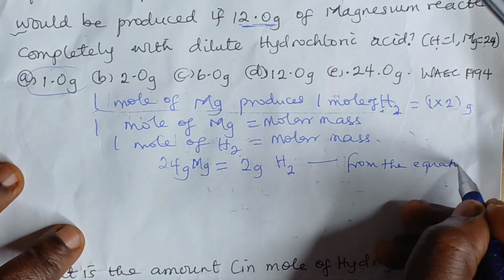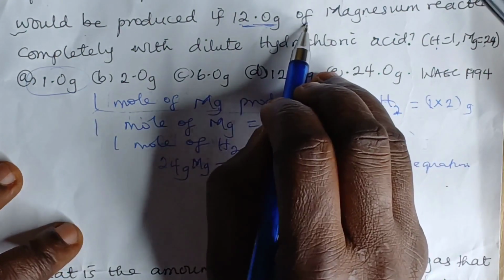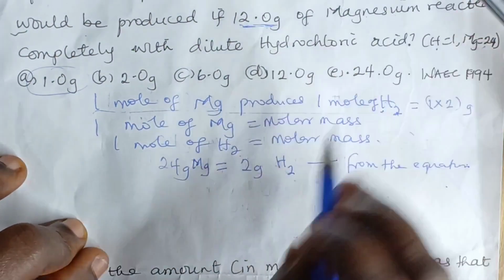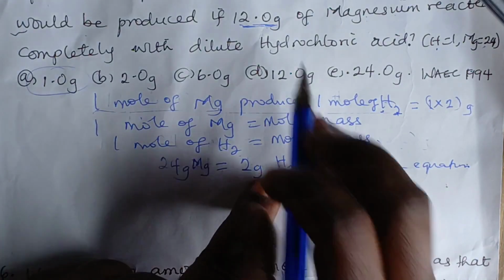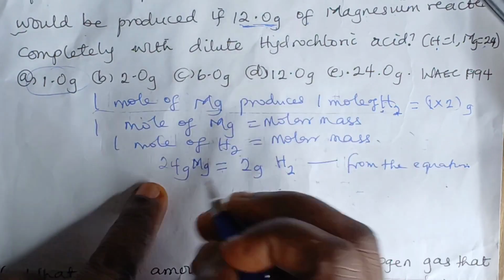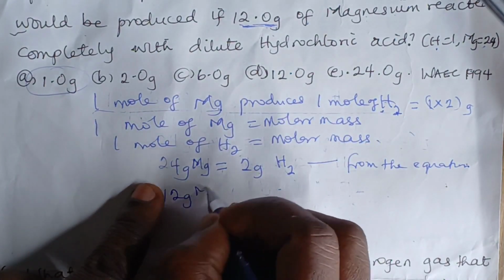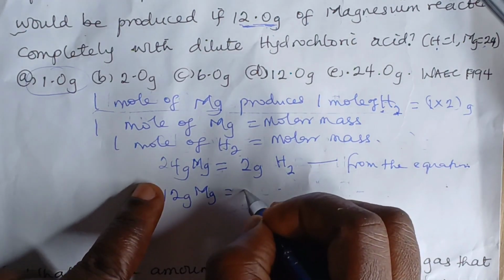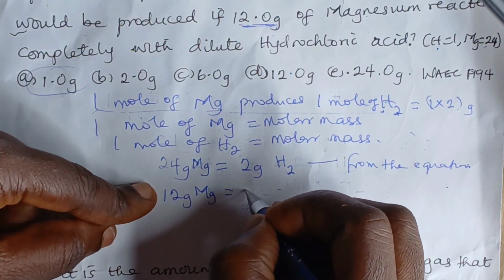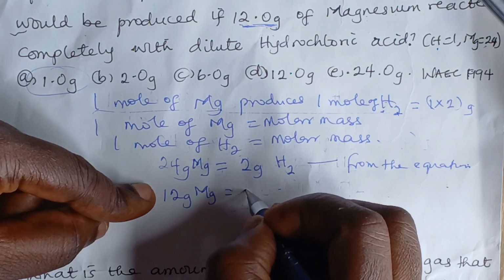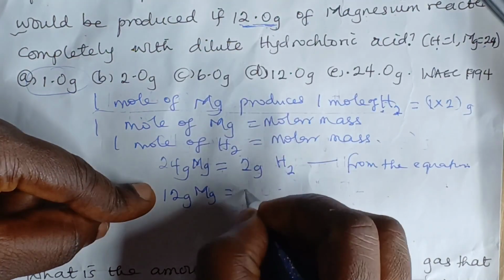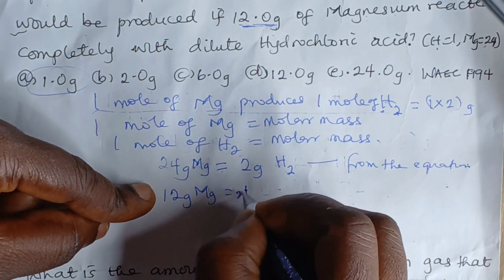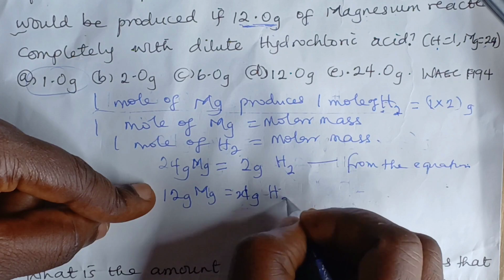The next part will now be from the question. What mass of hydrogen? Hydrogen is on this side, magnesium is on this side. So 12 grams magnesium will produce what mass of hydrogen? That is the question. X gram hydrogen.